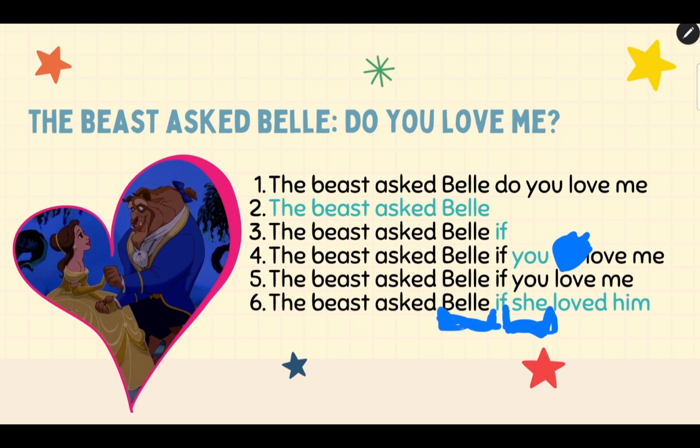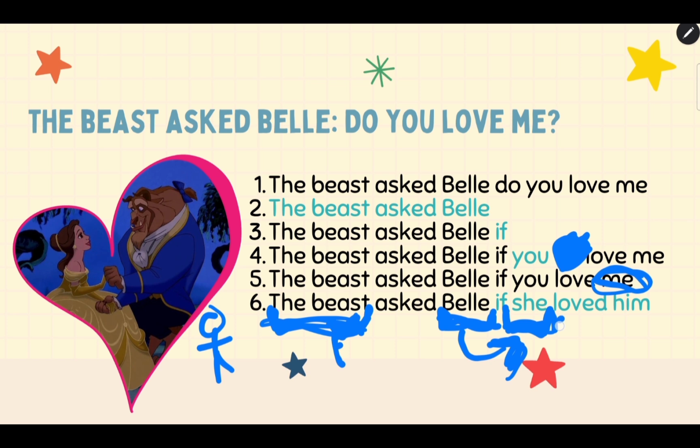So what is the substitution for Belle? "She," right? And check, we have the person "me." Are you talking about you? No, right? So the person who is asking the question is the Beast. The Beast, remember that it is a prince, right? So that's why we say that it is a boy. So in this case, what is the substitution for the Beast? "Him," right?